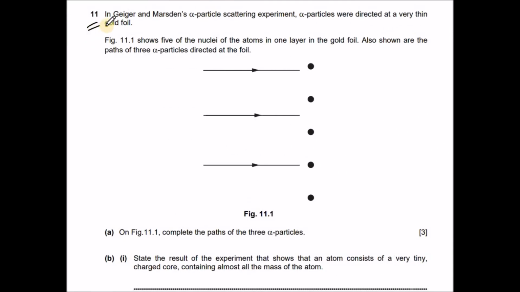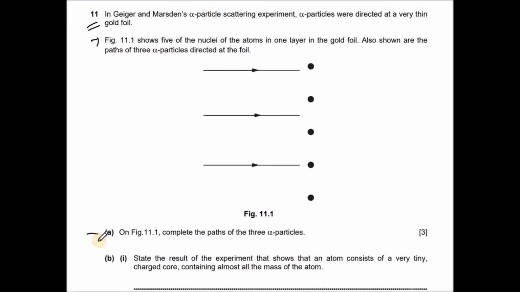Question number 11. In the Geiger and Marsden alpha particle experiment, alpha particles were directed at a very thin gold foil. Figure 11.1 shows 5 of the nuclei of the atoms in one layer in the gold foil. Also shown are the paths of 3 alpha particles directed at the foil.